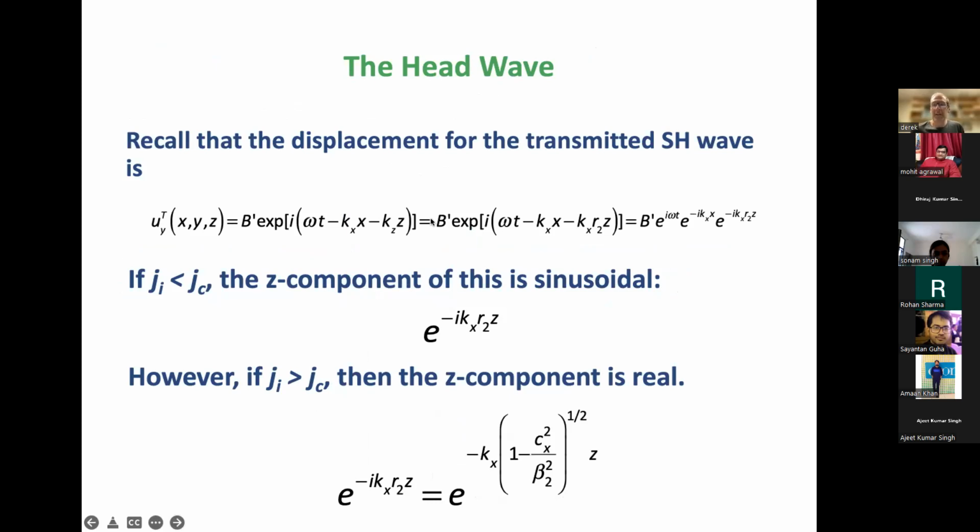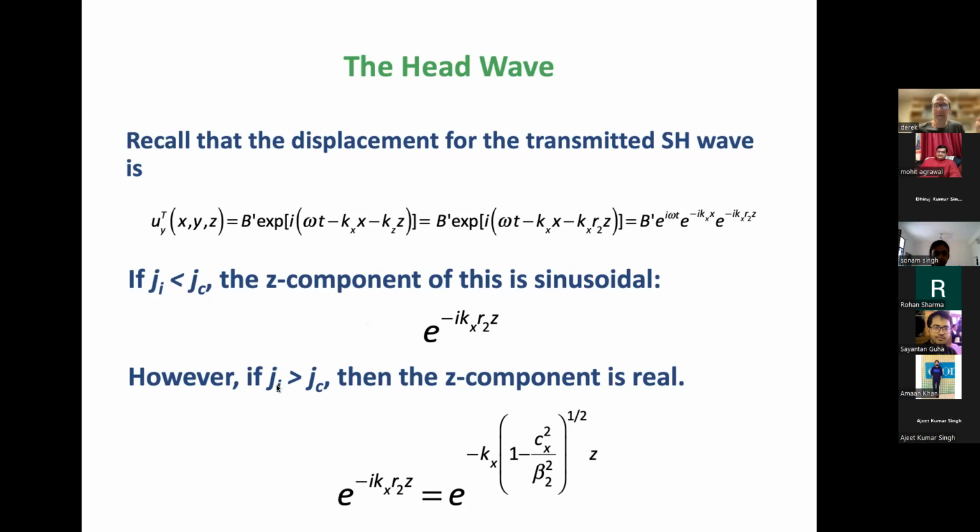So we call this the head wave, and we can rewrite the formula for this transmitted head wave as B prime e to the i omega t, e to the minus i k sub x x, times e to the minus i k sub x r sub 2 z. And if the angle of incidence is less than the critical angle, the z component of this e to the minus i k sub x r sub 2 z is sinusoidal.